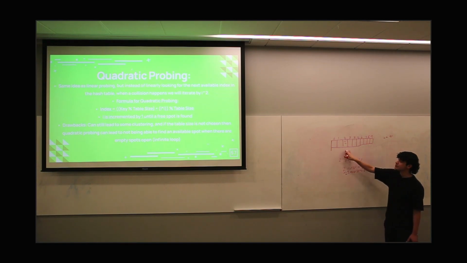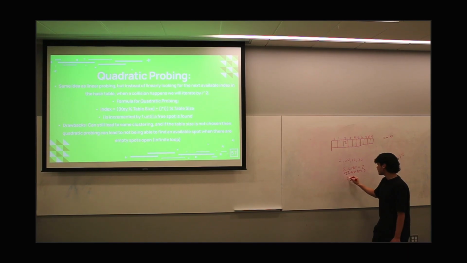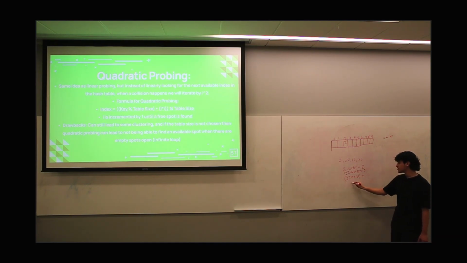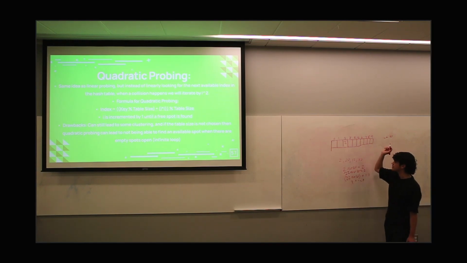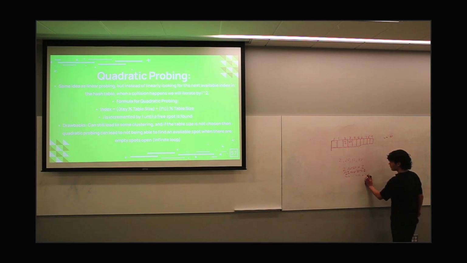There's a collision at index 2, because we already have a value in there. So we're going to do it one more time, right? Now we're in the iteration where i is equal to 1, so we're going to do 22 modulo 10 plus 1 times 1, right? This is going to give us 2, and then 1 times 1 is 1. So our index now for 22 is 3. So 22 goes into 3, right?